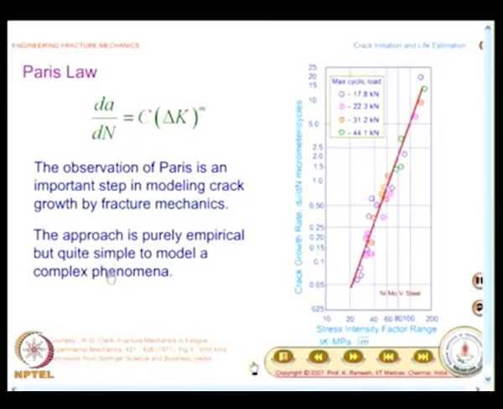It is actually a curve fitting exercise of the data that you have collected, and as people collected more data from the initiation stage to the catastrophic failure state, they developed more complicated versions of the Paris law. Nevertheless, it is quite simple to model a complex phenomenon. So, the origin is purely empirical, but very useful.